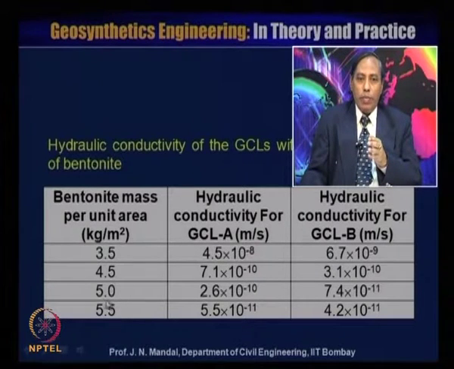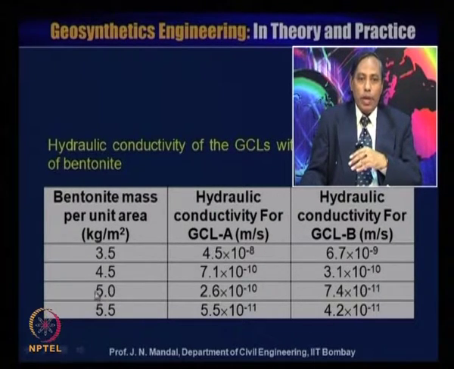When the bentonite mass per unit area is 4.5 kg per meter square, the hydraulic conductivity for GCL A is 7.1 into 10 to the power minus 10 meter per second, and for GCL B 3.1 into 10 to the power minus 10.